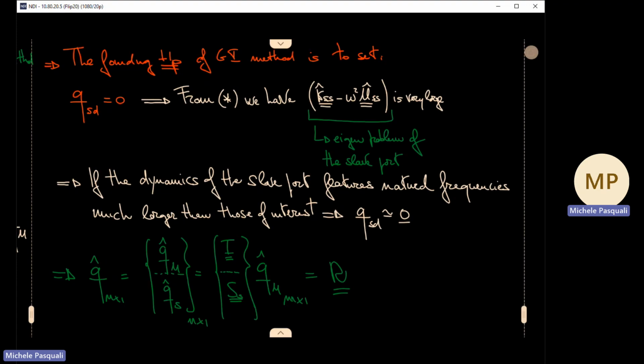You see, this is exactly the relationship that we wrote at the first. So Q as a matrix applied to QM. So this is the R matrix that we were searching for. This is R Guyan-Irons applied to QM.